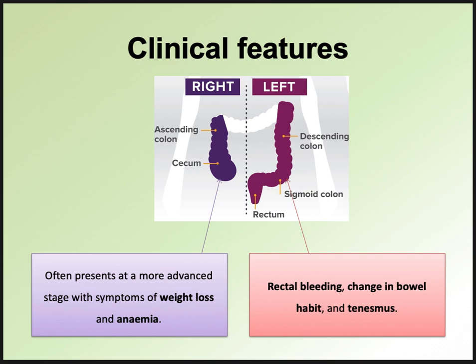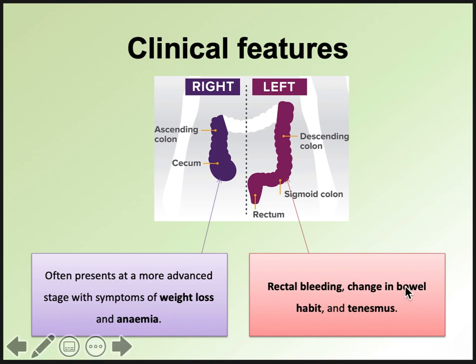In terms of clinical features, they're variable and they depend on the site of the tumor. Symptoms from a primary tumor include iron deficiency anemia and altered bowel habit, and this can be anywhere from an increase of loose stool to bowel obstruction and bowels not opening.